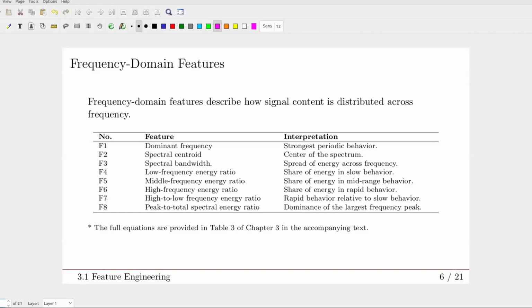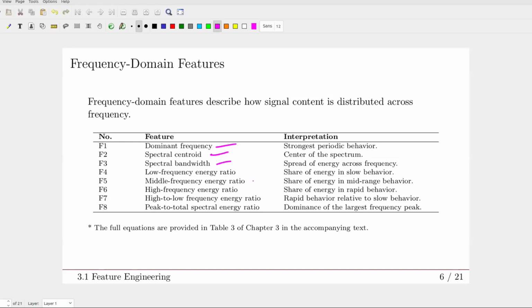A lot of times in your data, you might not care about the min or the max. You just want to know what's going to repeat. So you can always do your dominant frequency, right? That's the repeating pattern with the most energy in your signal. Your spectral centroid and your bandwidth: where does that signal center, and how wide might that signal be about that center if you have leakage.